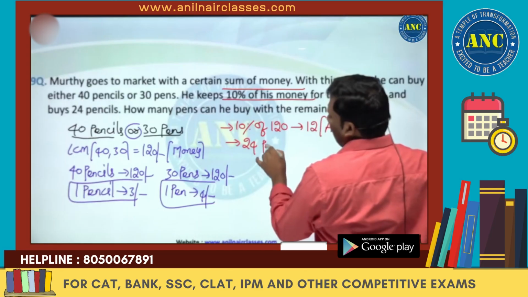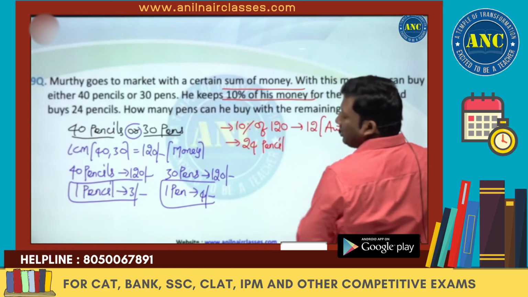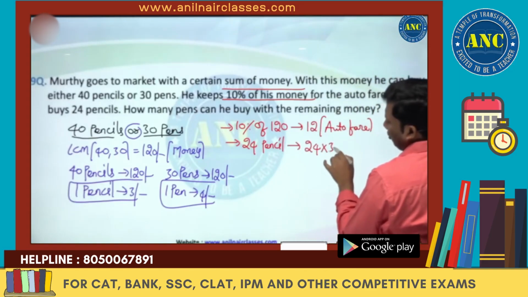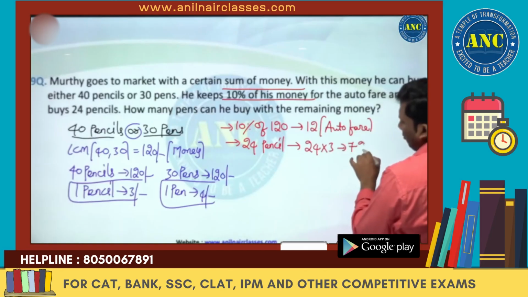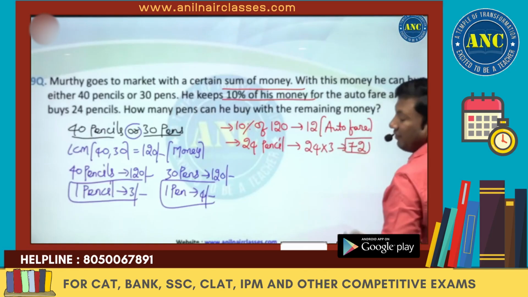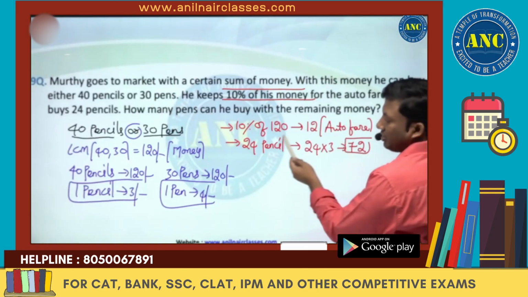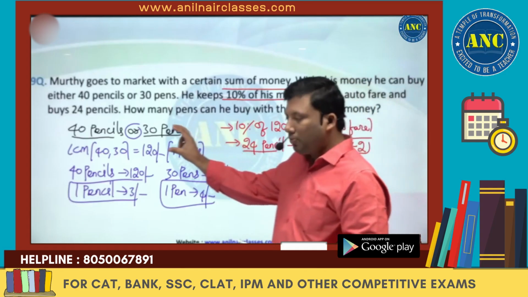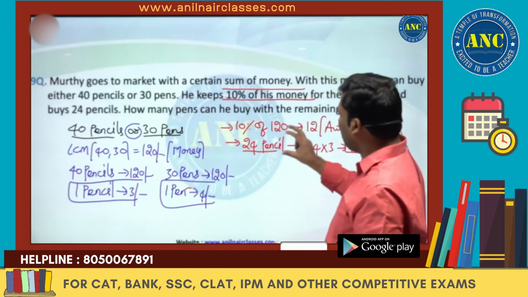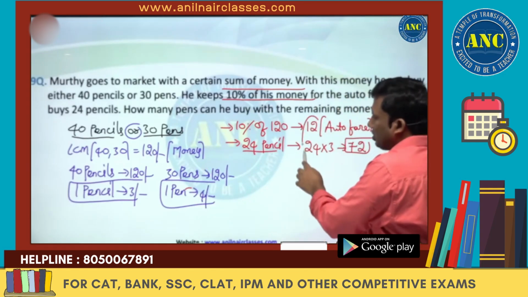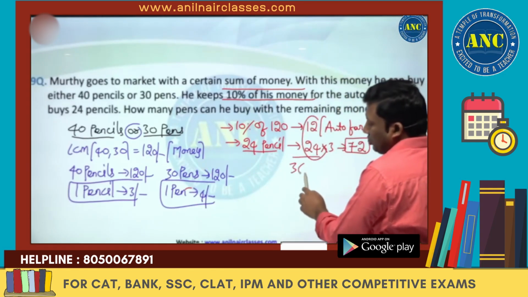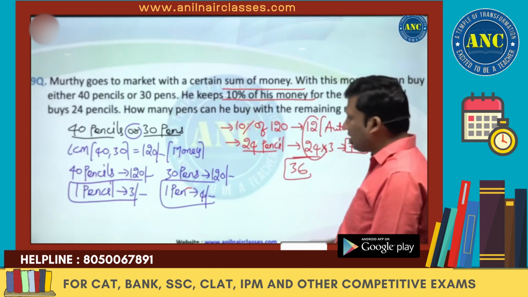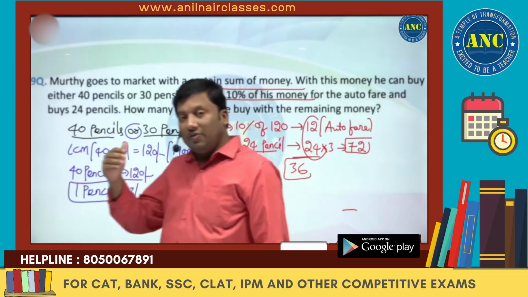What is each pencil's cost? 3 rupees. 24 into 3 is 72. Total 72 rupees he invested for 24 pencils. So out of 120 rupees, how much total has he spent?